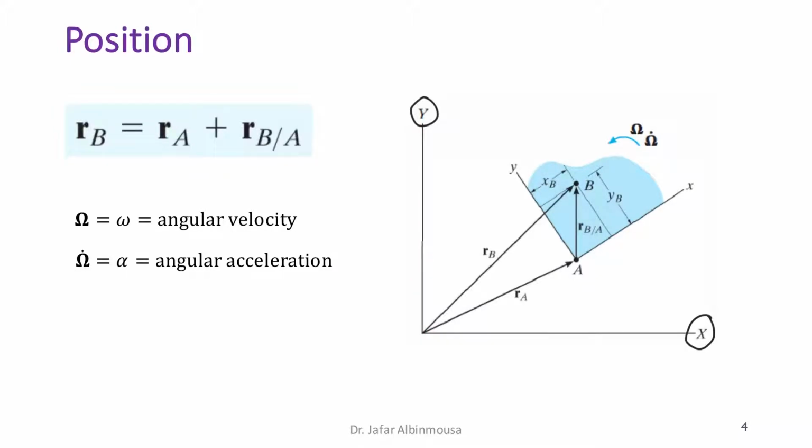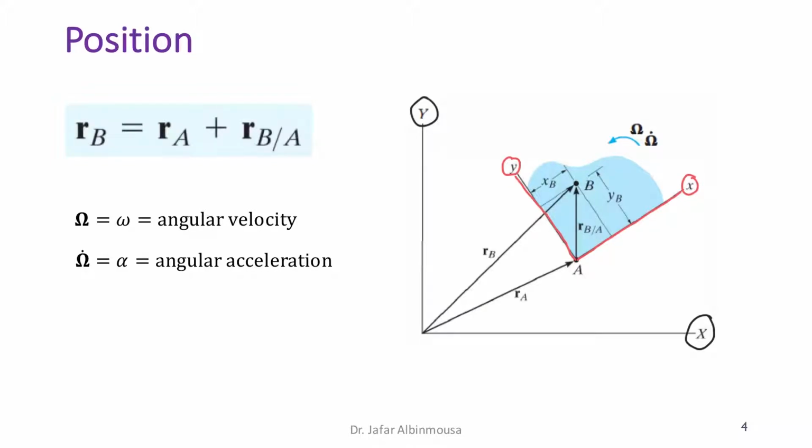Also, we consider that this is a rigid body, and this rigid body has 2 points, A and B. We established a local coordinate system, that's x, that's y, and we identify the local coordinate system by writing x, y and z in small letters, while the fixed frame of reference is in capital X, Y and Z.